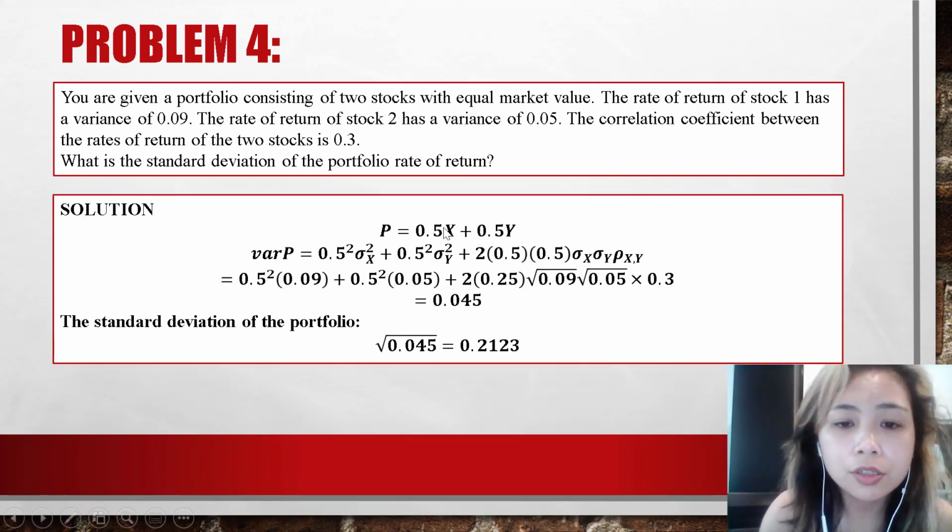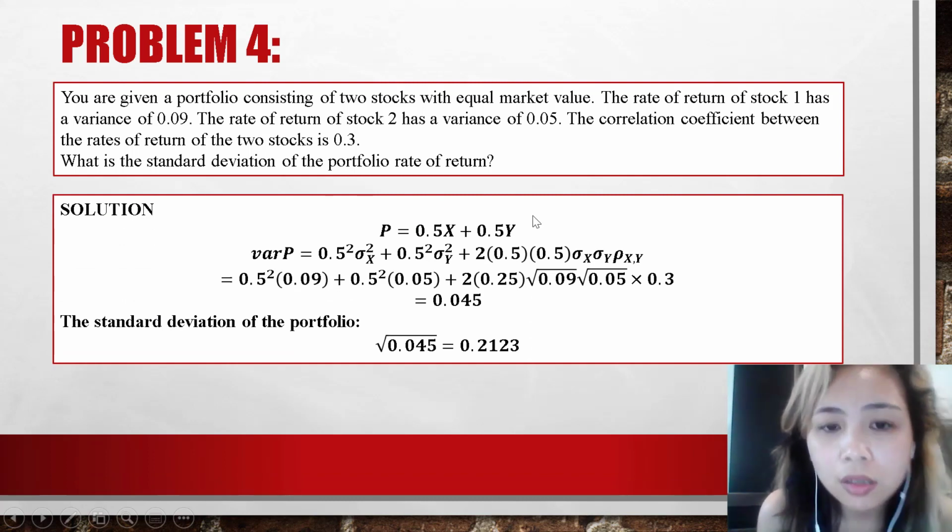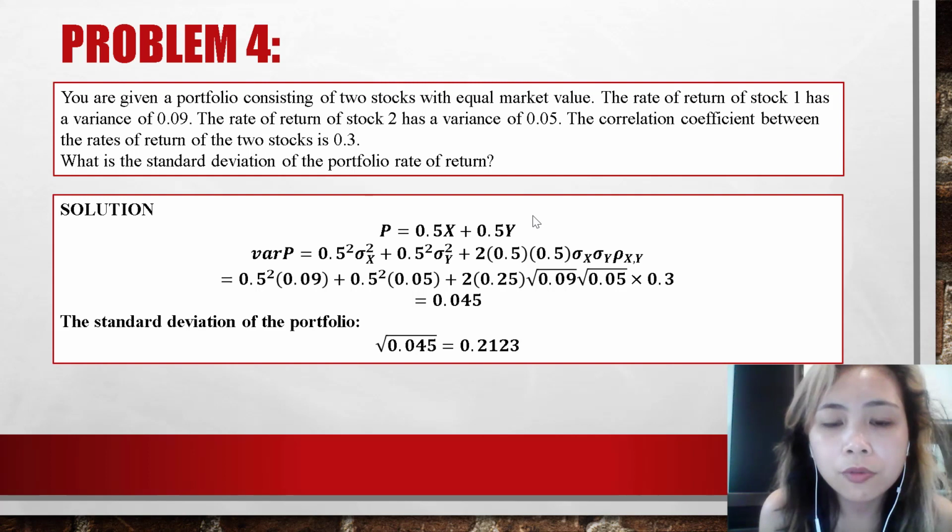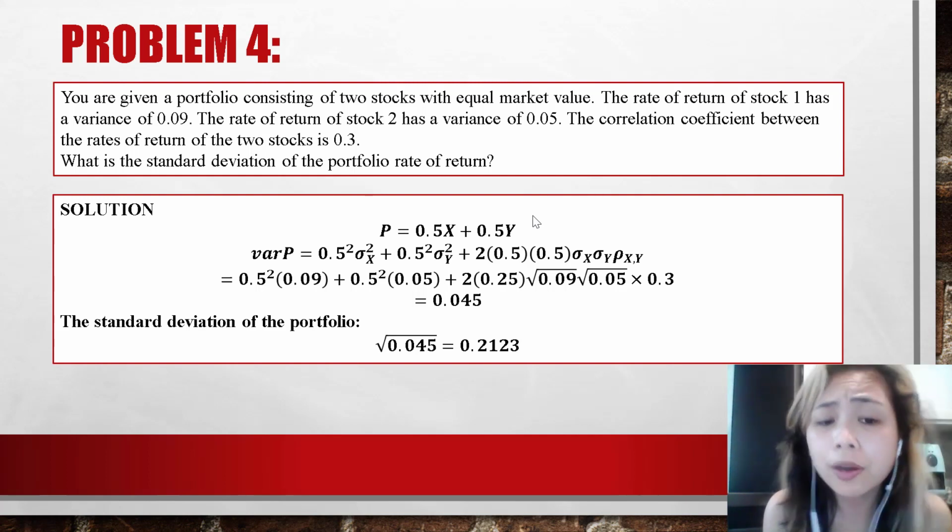So first, just write out the portfolio. Here we got 50% of the portfolio is X and 50% is Y. So the portfolio can be represented by 0.5X plus 0.5Y.